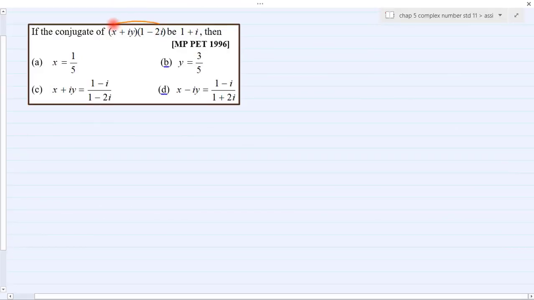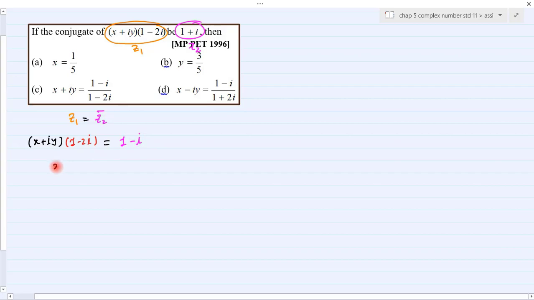It is given that the conjugate of this first complex number is equal to your second complex number z2. So here we'll get z1 is equal to z2 bar. Now, as we know, your z1 is simply x plus iy into 1 minus 2i, and z2 bar, which is the conjugate of z2, will be 1 minus i.